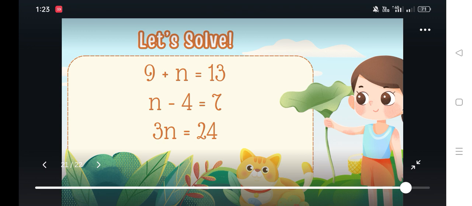So how about the last one? 3n is equal to 24. Multiplication was used. So, the inverse operation, we will divide. Okay, very good. So, 24 divided by 3 is equal to 8. Very good.